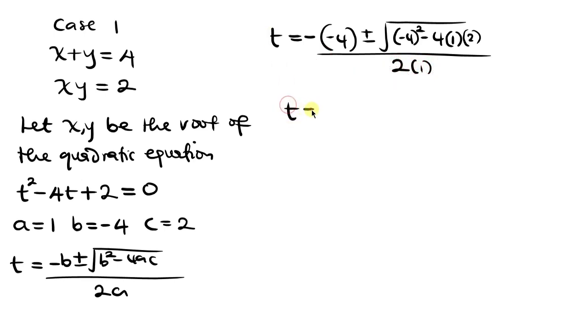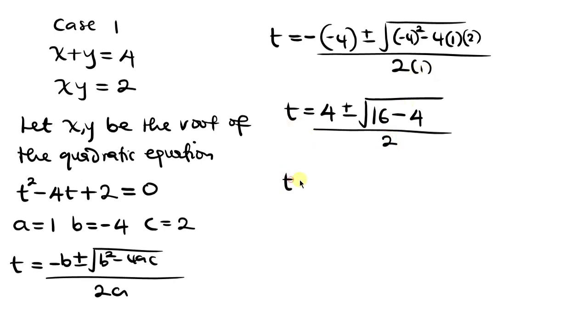So t simplifies: negative times negative gives positive, so I have 4 plus or minus the square root of -4 squared, which is 16, minus 4 times 1 times 2, making this 8, all over 2 times 1, which is 2. So 16 minus 8 is 8, all over 2.